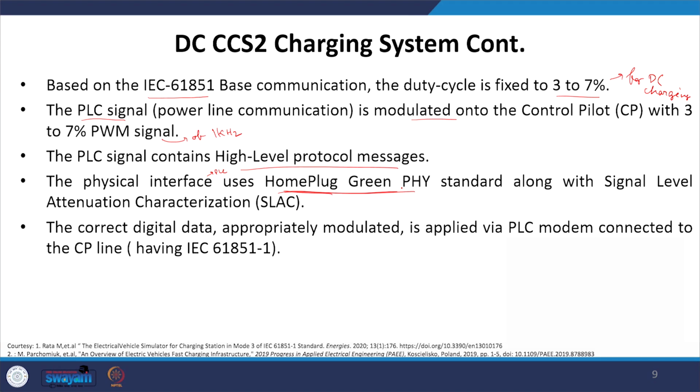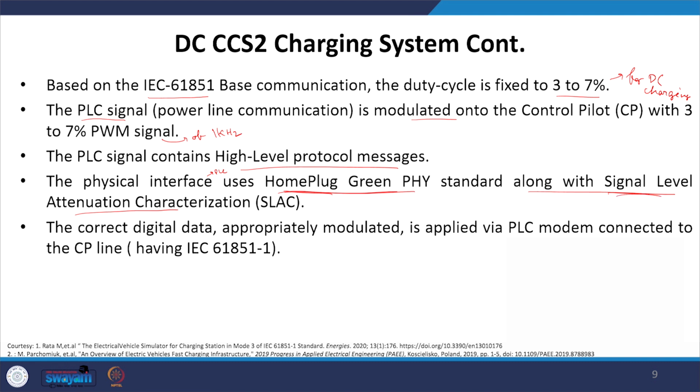Along with that, there is something called signal level attenuation characterization. So whenever the EV gets connected to the EVSE, the first step which takes place is the signal level attenuation characterization, in order to ensure that the correct modem of the EVSE and the modem of the EV get logically connected.